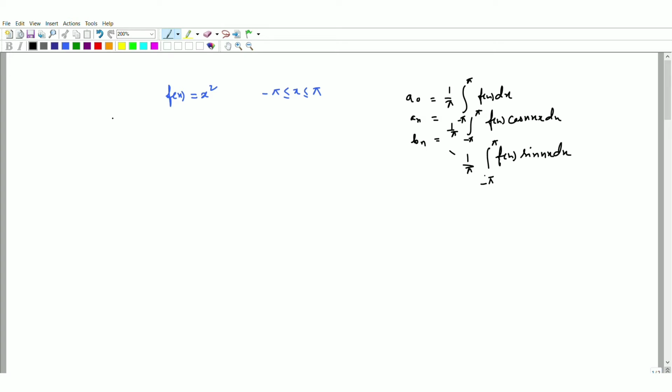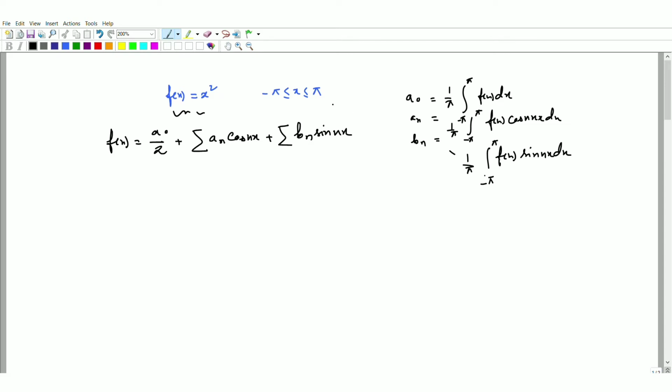Then f(x) equals a0 by 2 plus summation an cos nx plus summation bn sin nx. After using this relation to find the coefficients and putting their values back, we can find the Fourier series for this function. For all functions we normally use this technique.